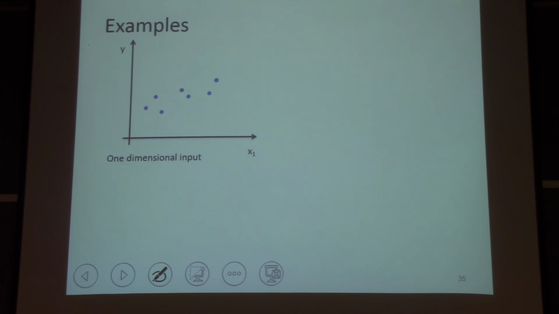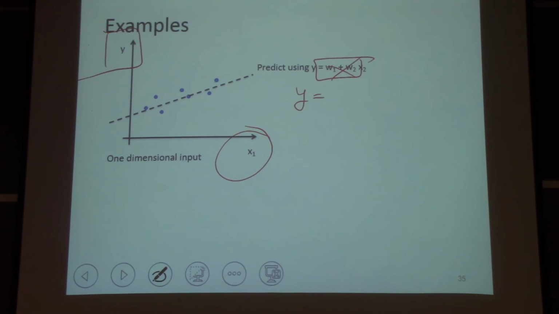You have one x1 and you want to predict a y. And you will find a line that looks like w1 plus w2x, something like this. And when a new example comes in, you try to predict.